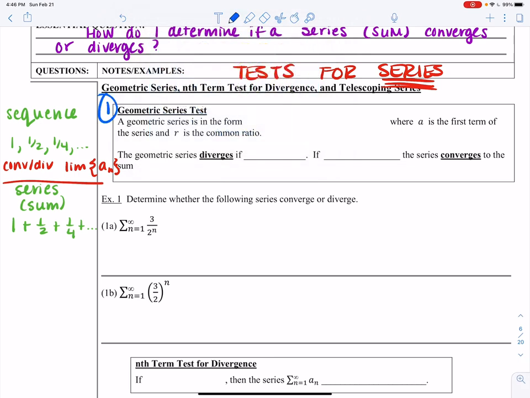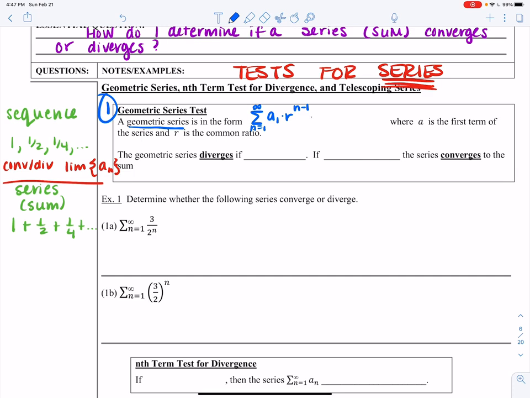And as it suggests in its name, we are only going to use this for geometric series. Like we learned earlier, geometric series tend to follow the form, the sum, from n equals 1 to infinity of a1 times r to the n minus 1 power.